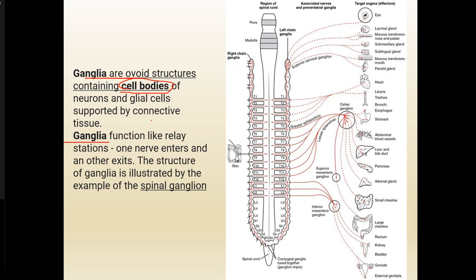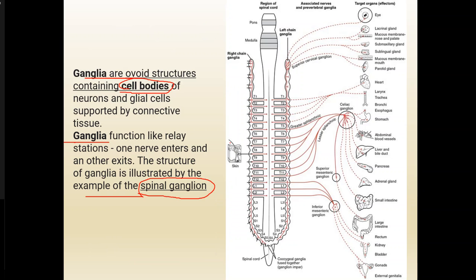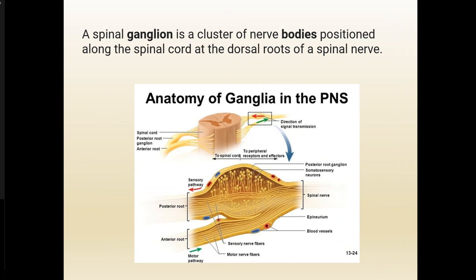So we have looked at the spinal ganglion so far, which is that little bump of the dorsal root, the afferent pathway that contains the cell bodies. This one basically is your spinal ganglion. You see how it contains the cell bodies of neurons. It's an ovoid structure, and we're going to zoom into it right now.